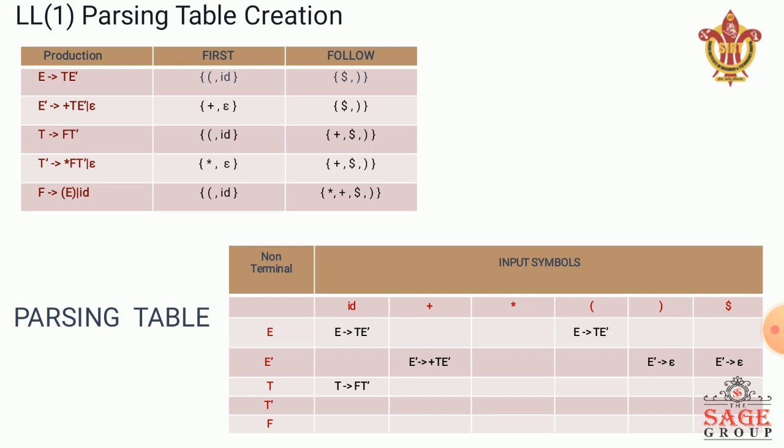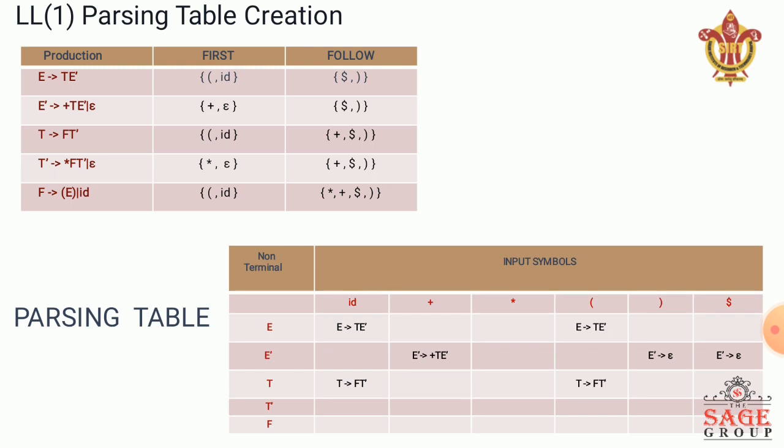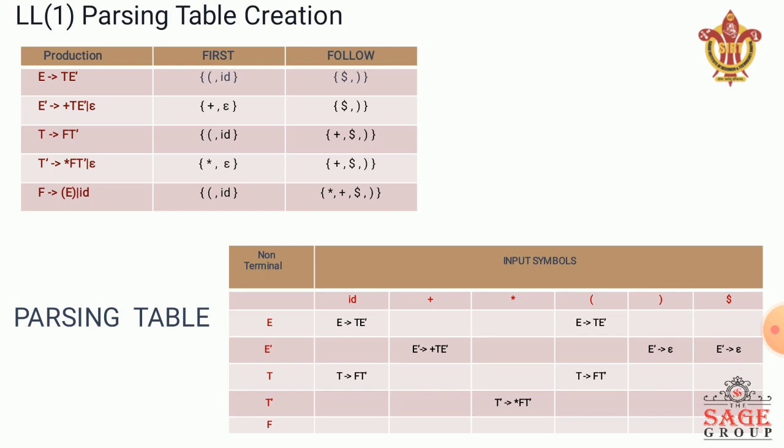Similarly for T produces F T dash, the row of T and the columns of first of F T dash, which are opening and id. So in these two columns we write the complete production, T produces F T dash.